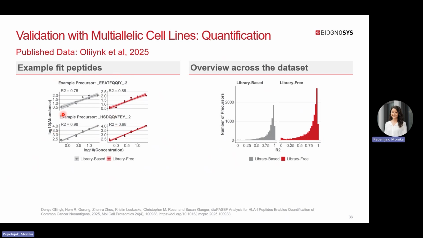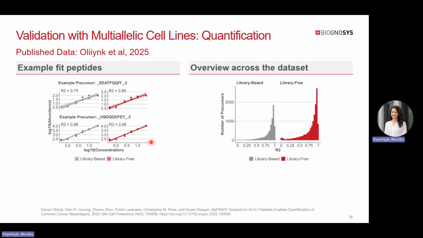And here are just 2 example precursors, so that you can see what an R squared of 0.75, for example, looks like. And I think you can see nicely that we get very similar fits for the different searches. And in general, the fits look pretty good.